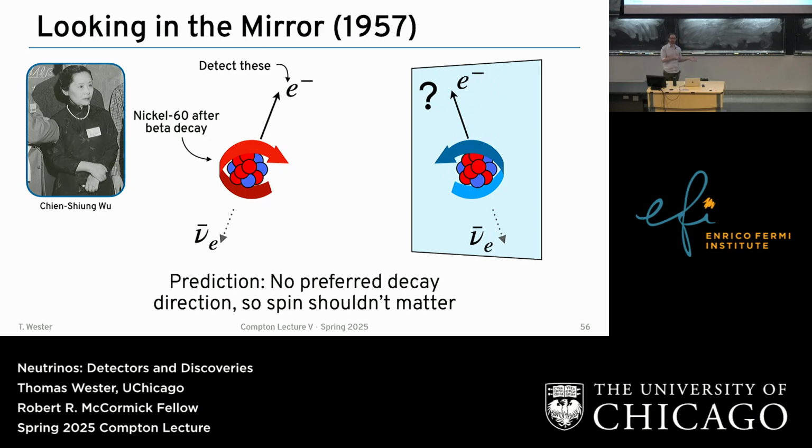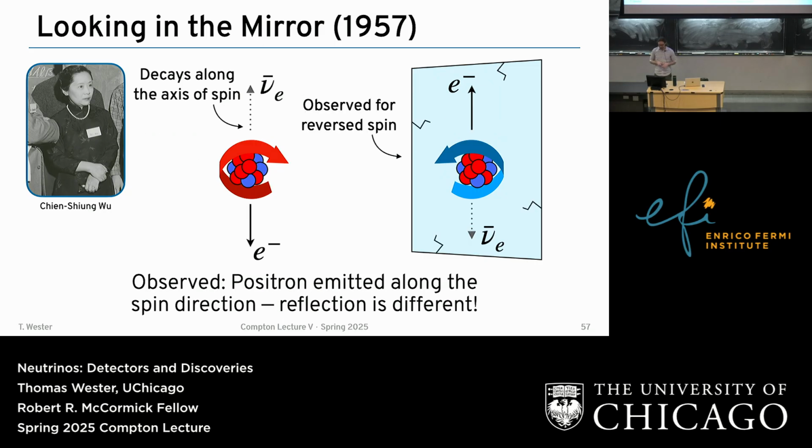When the cobalt-60 atom decays, it becomes a nickel-60 atom, and it's still spinning in that same direction. You can do this experiment with a right-handed spinning nucleus and a left-handed spinning nucleus. But what was actually observed was that the decay products came out of this decay in a preferred direction, and that direction was aligned with the spin of the particle.